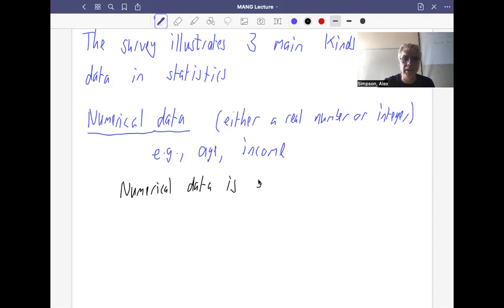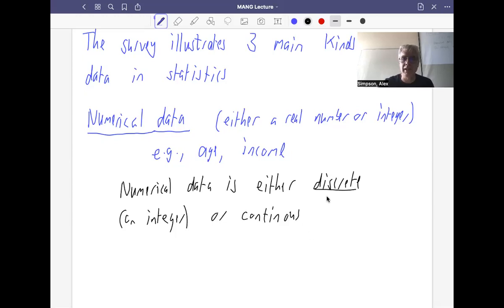But in general, numerical data is either discrete, that's an integer. So we distinguish between discrete numerical data and continuous numerical data. In our survey, we've got discrete numerical data, but in other situations where we're gathering data, we might have continuous values.